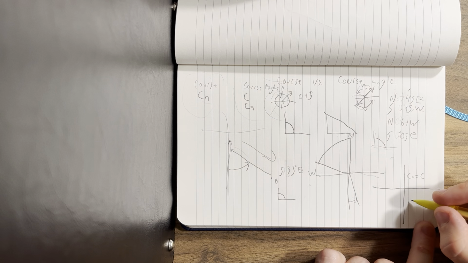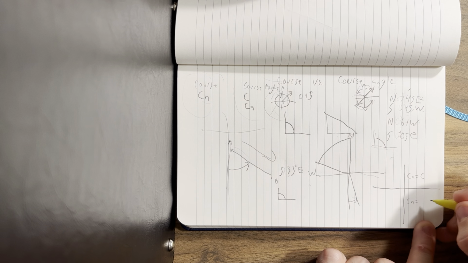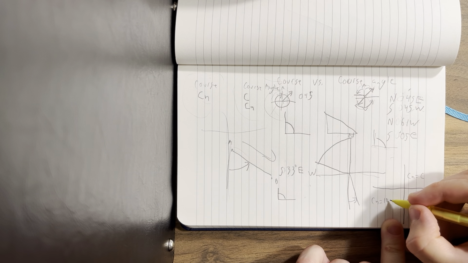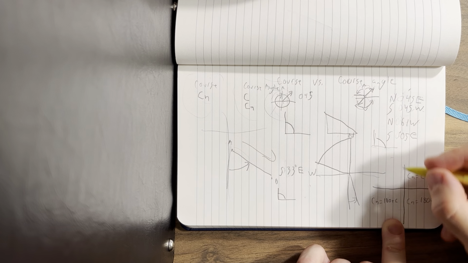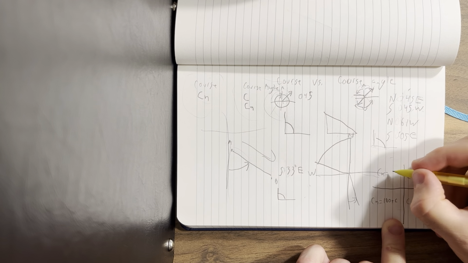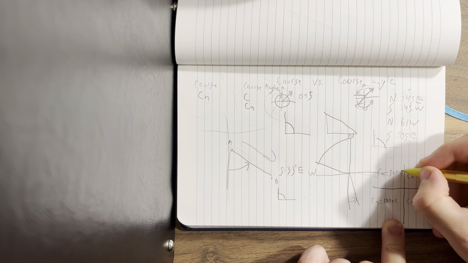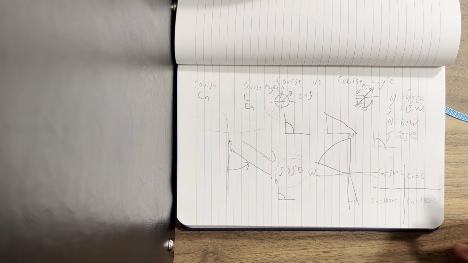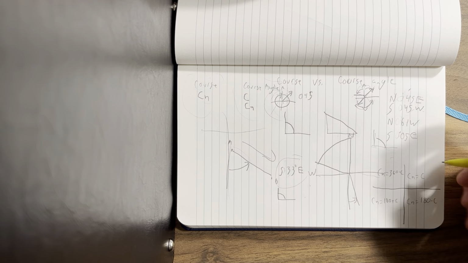CN is equal to C. CN is equal to 180 minus C. CN is equal to 180 plus C. And CN is equal to 360 minus C. So anytime you finish a problem and you receive your course angle, you have to plug it in here.